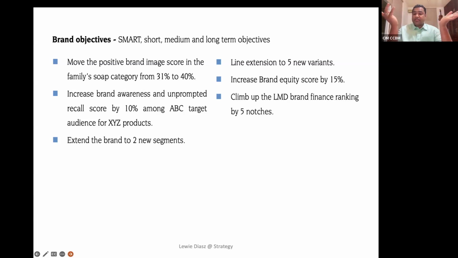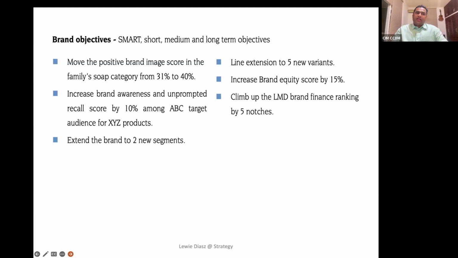Sometimes a category will have, in Sri Lanka, 10 to 15 brands. Same with Nestle. So each brand will have a brand manager. The brand manager will report to the category manager. Category manager will report to the marketing director. I hope it is clear.